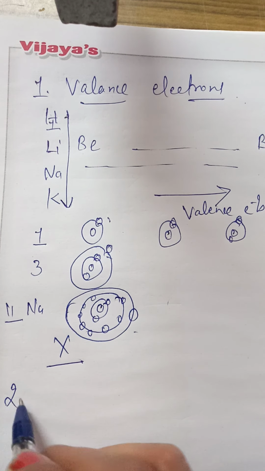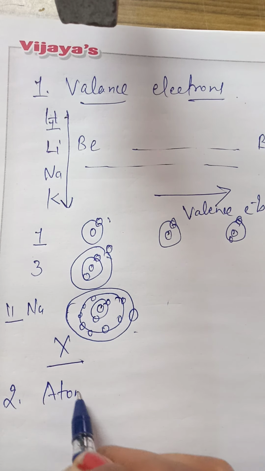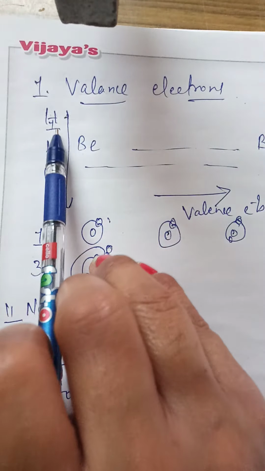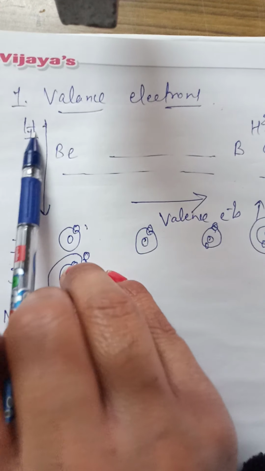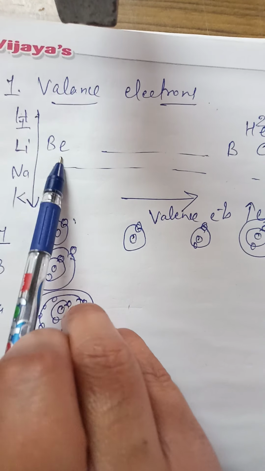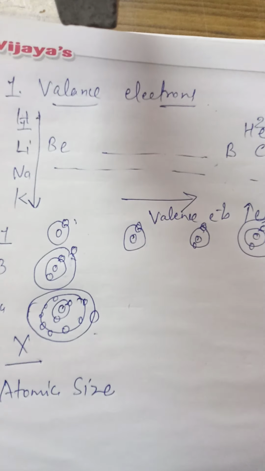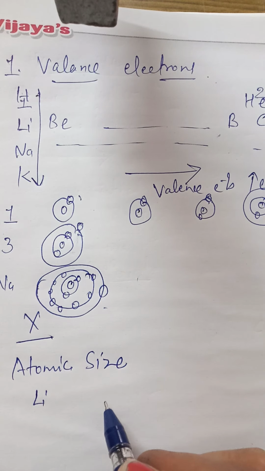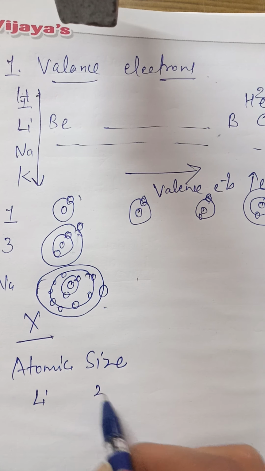Number 2 is atomic size. Now as we move from left to right, hydrogen to helium, lithium to beryllium, boron, carbon, we observe that lithium's electronic configuration is 2, 1.